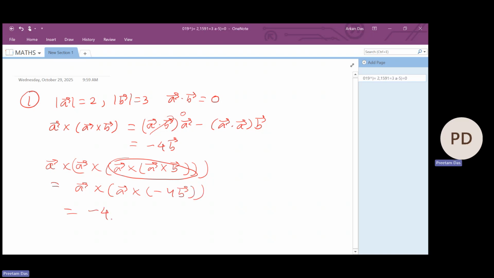Now this minus 4 we can bring it outside, and whatever remains is again the same expression, A cross B. So what will be this expression now? Again minus 4 times minus 4B vector. So 16 times B vector. So what is the correct option? Option B.